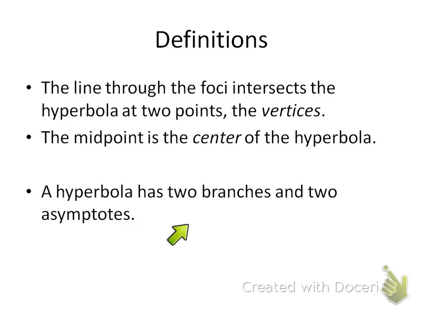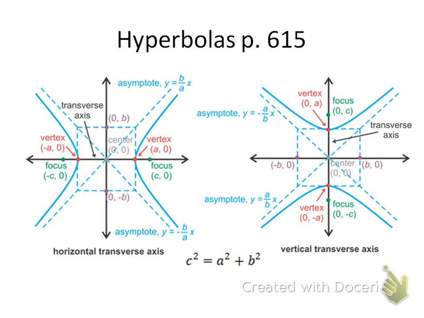A hyperbola, as we know before, has two branches, and it has two asymptotes. And that doesn't change when we talk about hyperbolas here. We're going to have two branches that are symmetrical and two asymptotes. Next slide. This is on page 615.